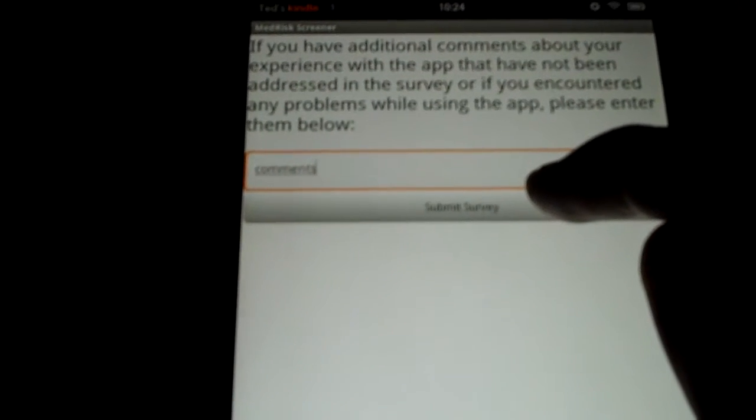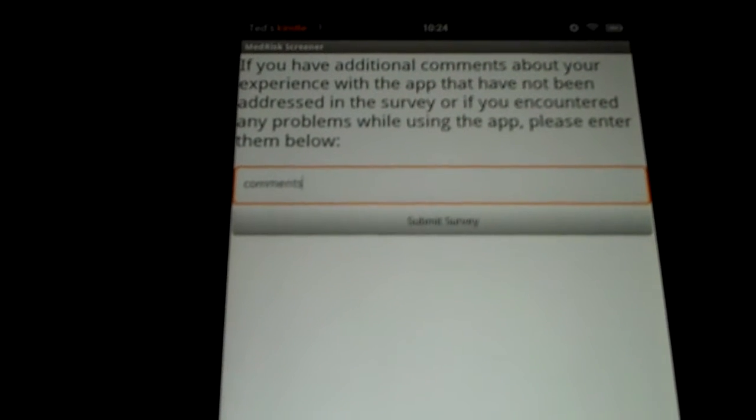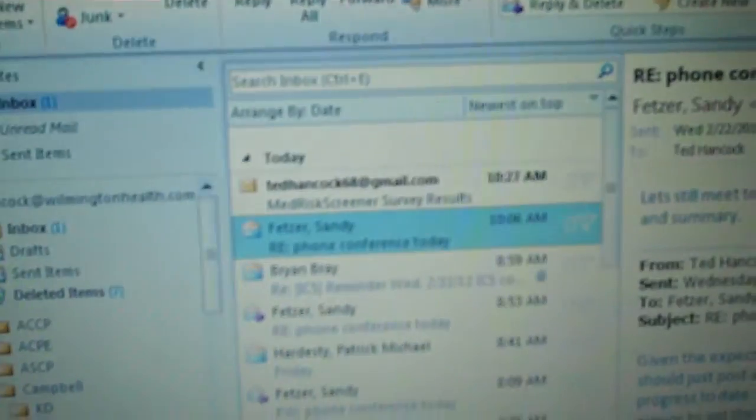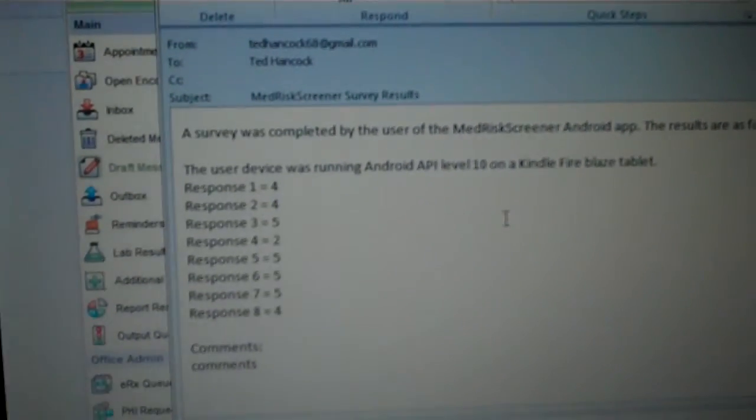And then when you submit survey now, instead of prompting you to send out an email, it goes ahead and does it on its own. So there's no user interaction required, and you can see how fast it is. I've already got the email with the survey results now. And it figured out that this was coming from a Kindle Fire. When somebody's submitting a bug report, that kind of information is going to be important.